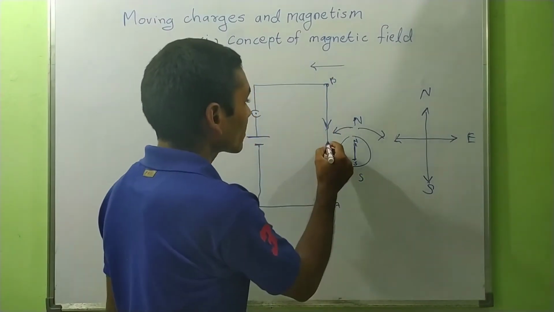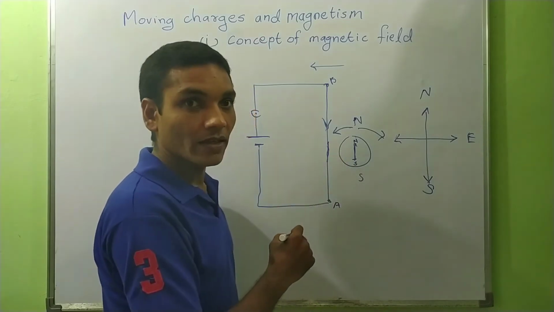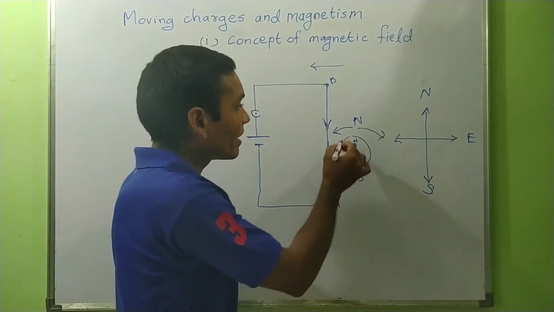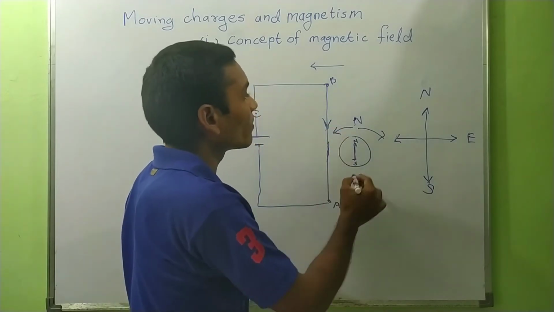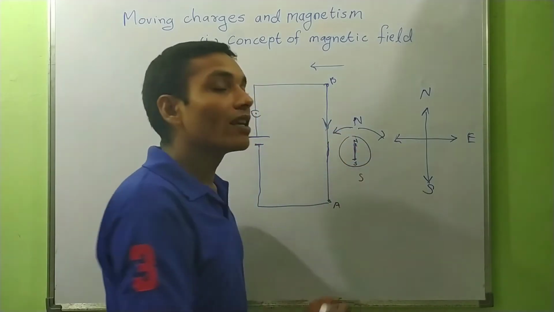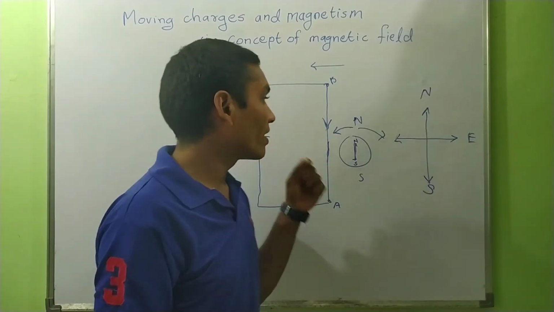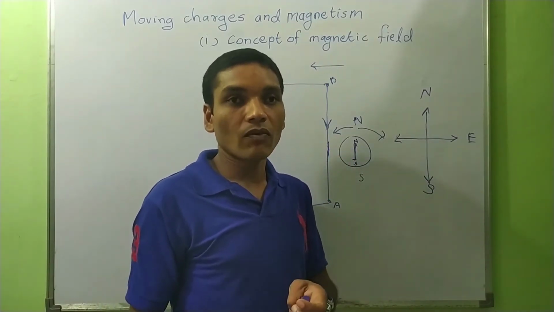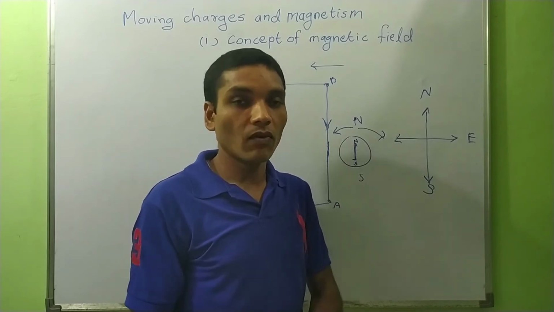So due to this moving charged particle, some magnetic field is produced, and if the magnetic needle is placed in this magnetic field, then the magnetic needle will experience some attraction force or magnetic force.